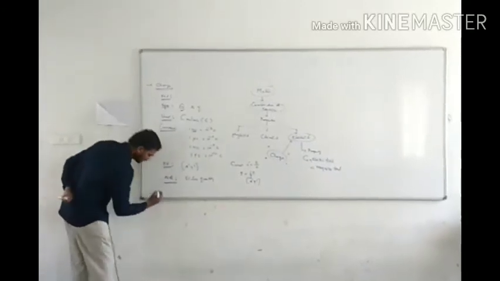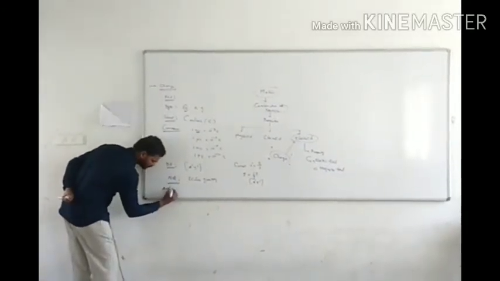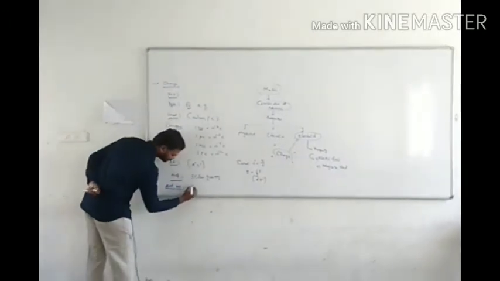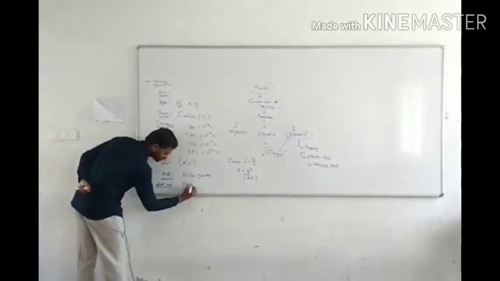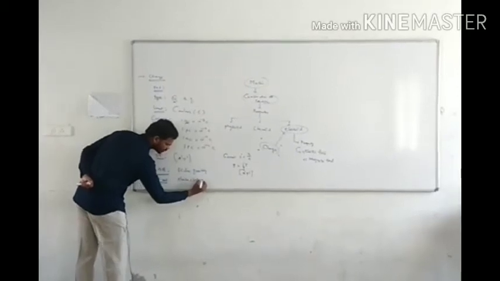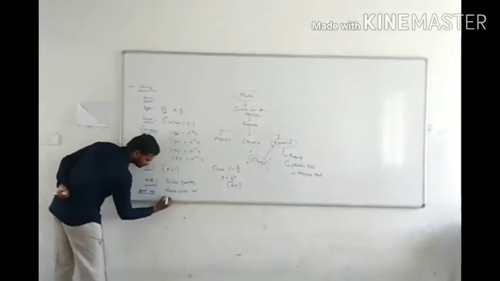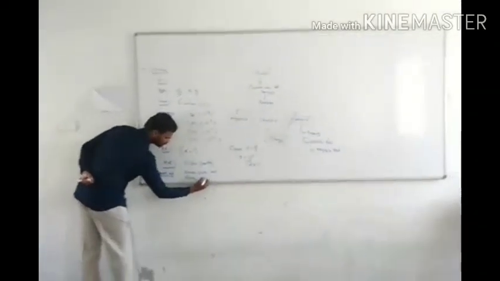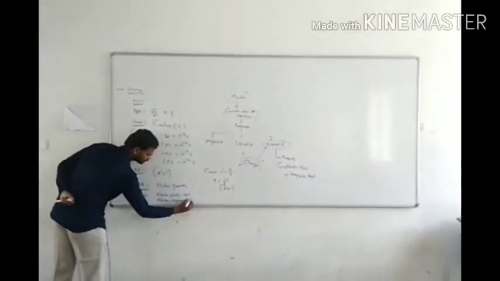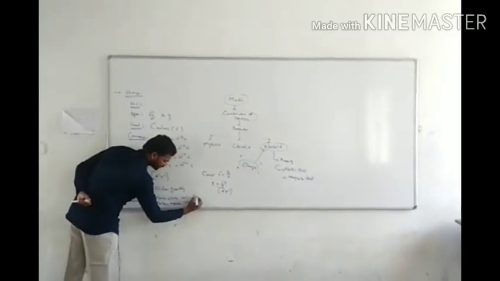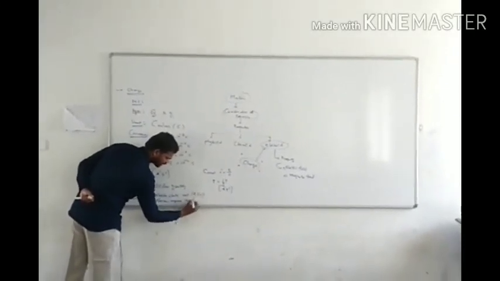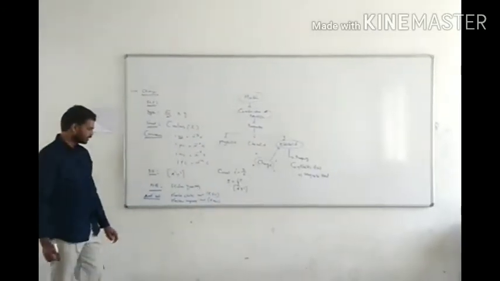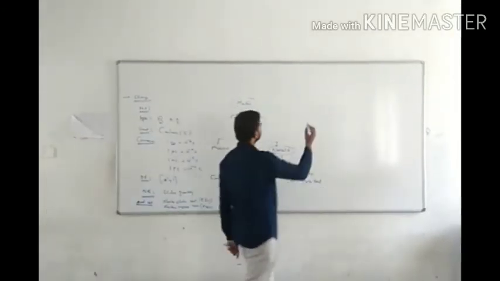And what are the other units we use for the charge? One more set of additional units for the charge: the electrostatic unit and the electromagnetic unit. The electrostatic unit is ESU, the electromagnetic unit is EMU. How to convert?